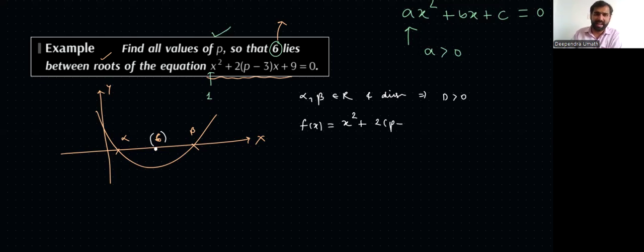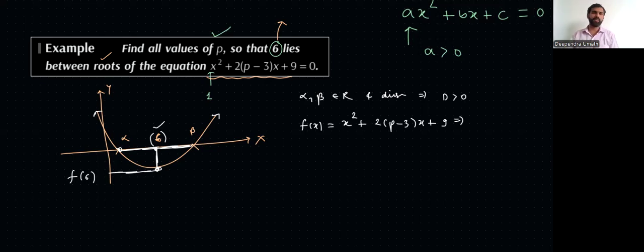Now this f of x at 6 should be negative. Why am I saying that f of 6 should be negative? Because before alpha, it is positive. After beta, it is positive. But between alpha and beta, it is negative. It is below the x-axis. So at 6, the value of this quadratic expression should be negative, which means f of 6 should be negative.